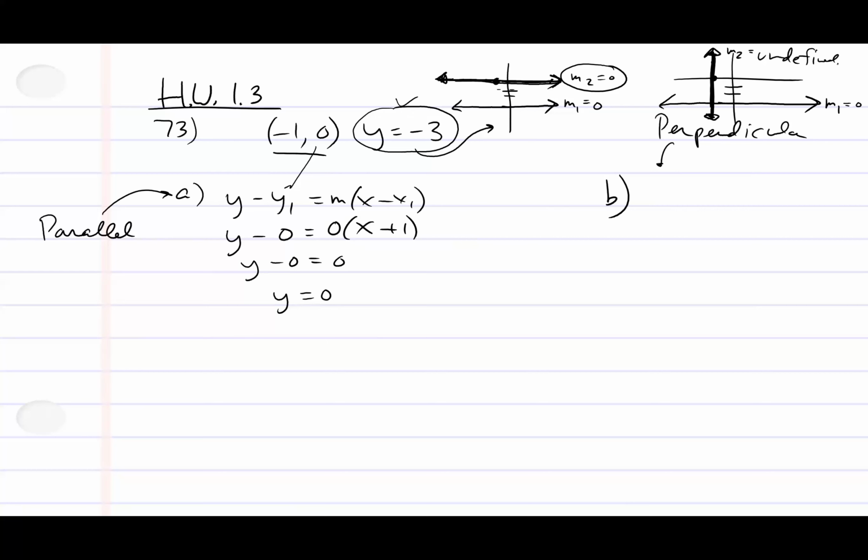In that case, we can't use this formula because the formula does not make sense since there's no slope to begin with. We just look at this vertical line and ask what its equation is. It has to be x equals something because it's vertical, and then we figure out a point that this line goes through, which is negative 1. That's it. Only time you don't use that formula.